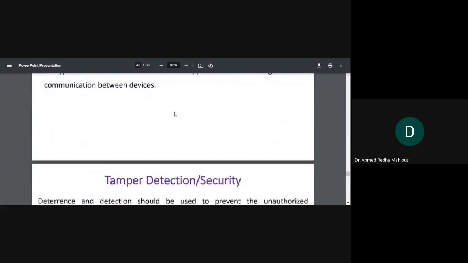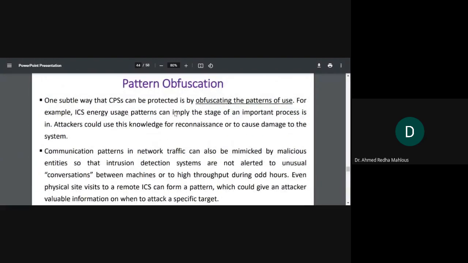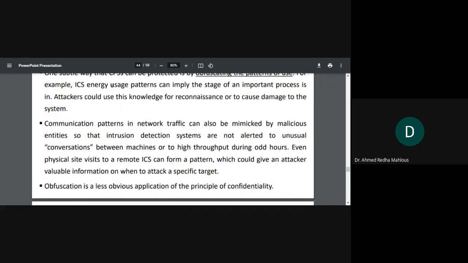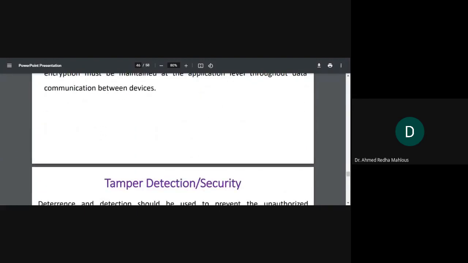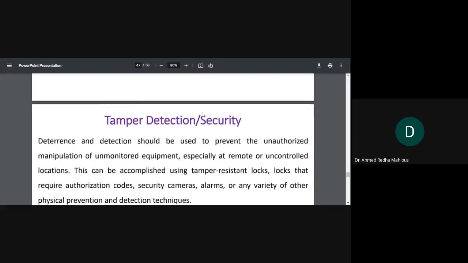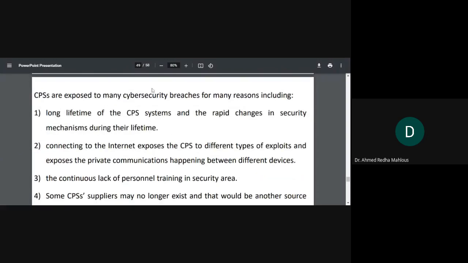Some processes are running right now, and CPS devices will give you the physical process running inside that manufacturer, for instance, or inside that power grid infrastructure or any other CPS infrastructure. So it is very important to have a clear policy and security measures to prevent any attack against a CPS environment.